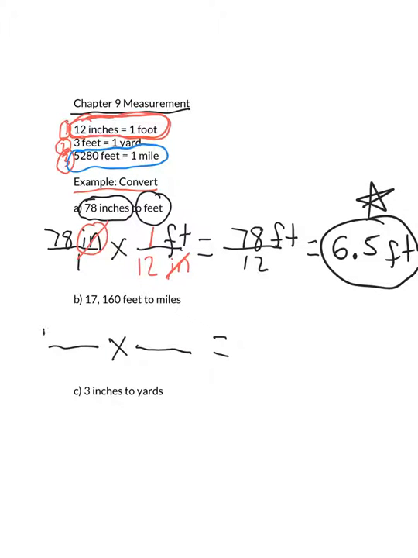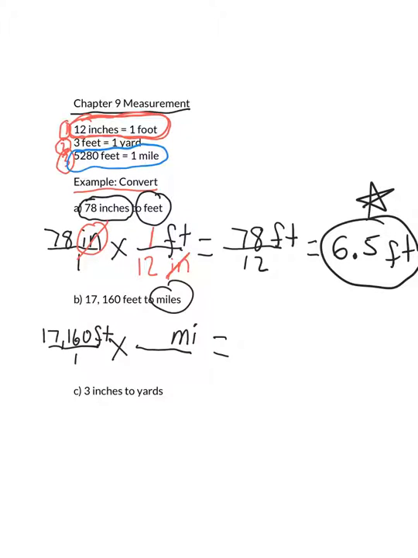What they give to us, the 17,160 feet, is going to be the first fraction. Put it over 1 if it's not a number that's a fraction already. Whatever we want to convert into, miles this time, goes on the top of the last fraction. The abbreviation for miles is MI.